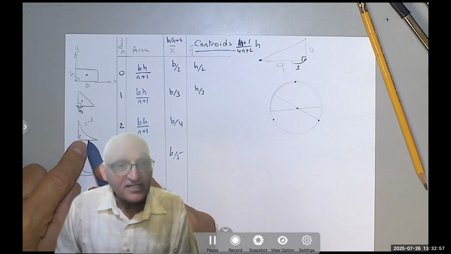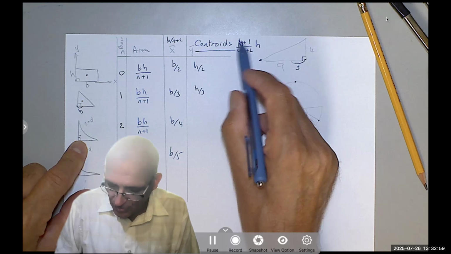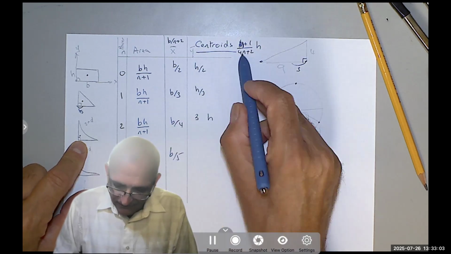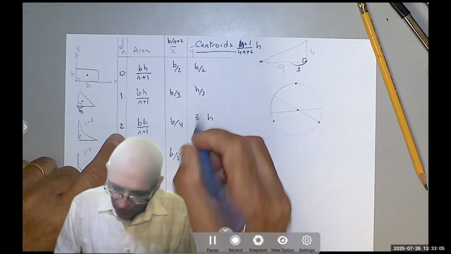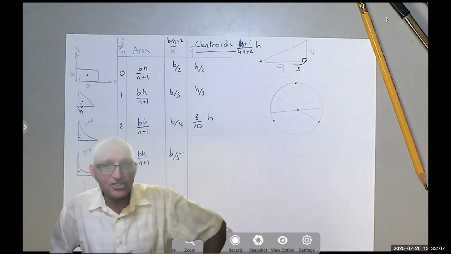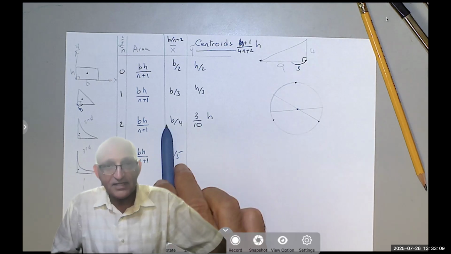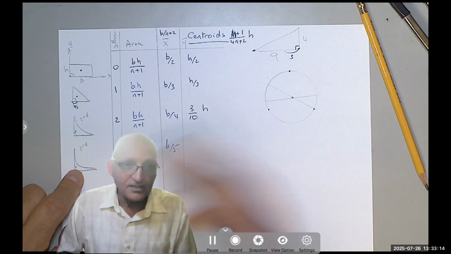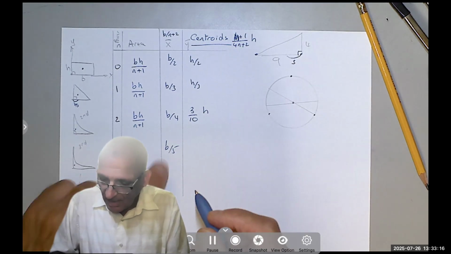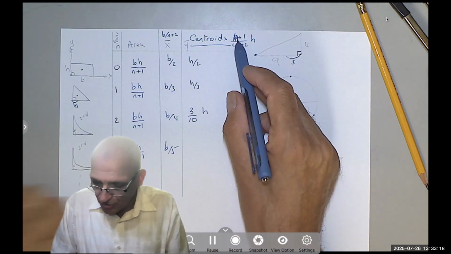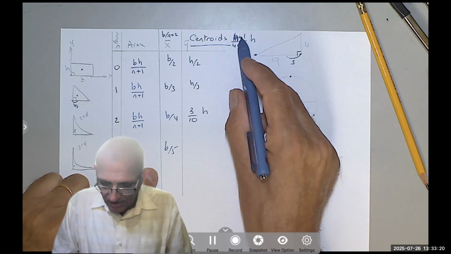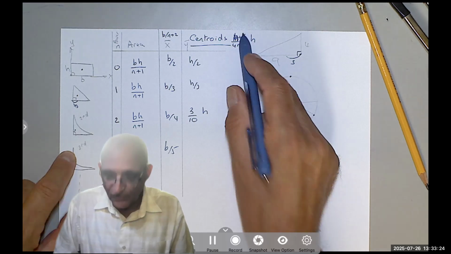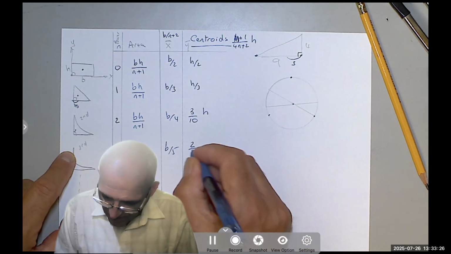So if I go to the second degree parabola, n plus 1 is 3. And if n is 2, 4n is 8 plus 2 is 10. So 3/10 h. This is 3/12, but this is 3/10. When you go to the third, and then we'll stop, n is 3, so n plus 1 is 4, and 3 times 4 is 12, plus 2, 14. 4 over 14 is 2 over 7 h.